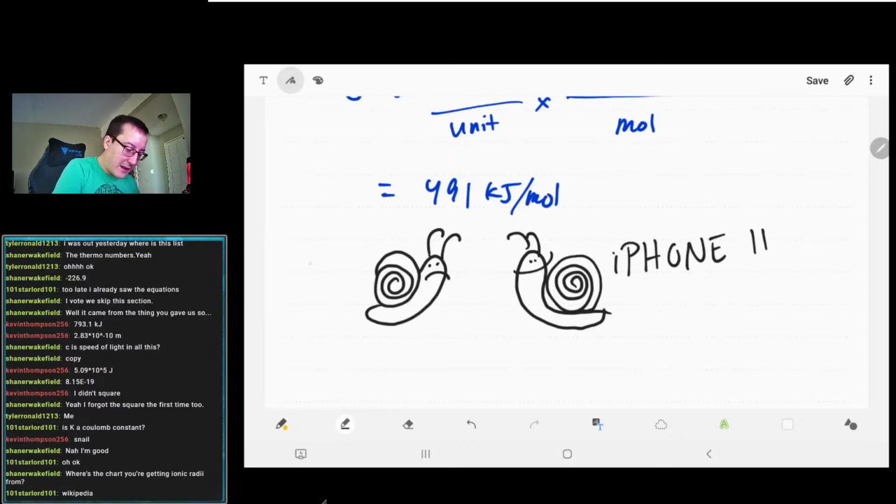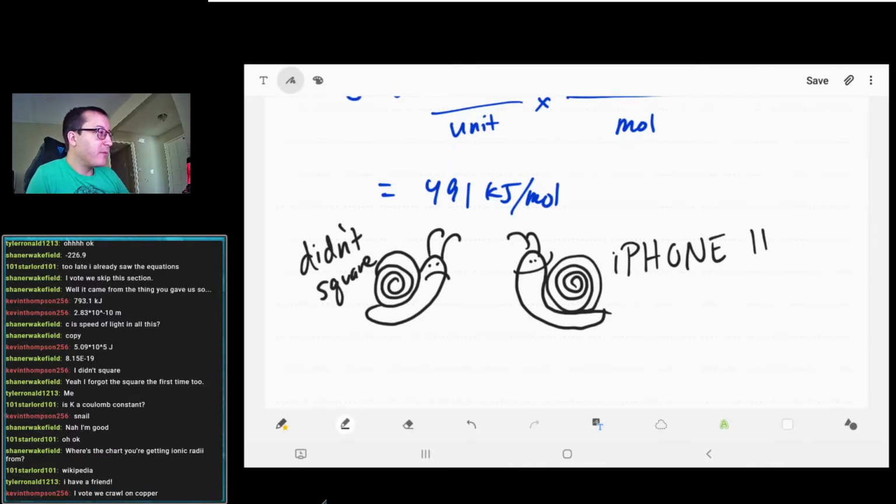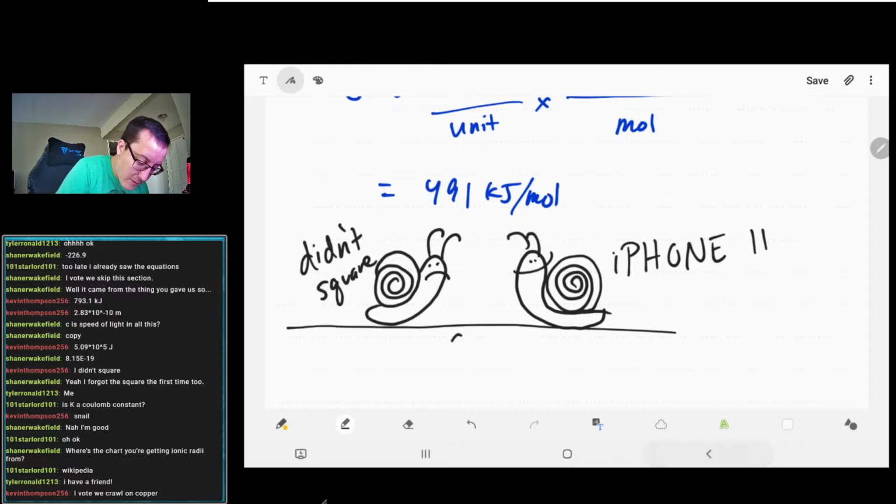We have iPhone 11, and then, of course, didn't square. So there we go. Yeah, you have a friend now. Okay, so I'm going to go ahead and show you the correct answer later, just because I don't want to calculate all this and waste time. Crawl on copper, huh? All right, you may crawl on some copper. Have fun.